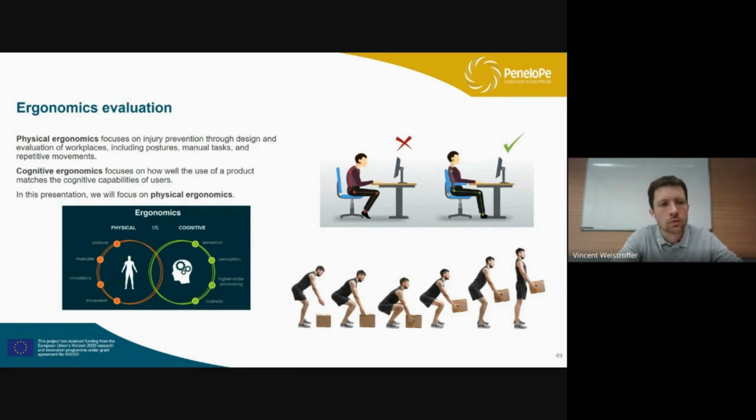This is linked to cognitive ergonomics. In this training session, I will not focus on cognitive ergonomics. I will only focus on physical ergonomics by using this digital human model and motion capture.